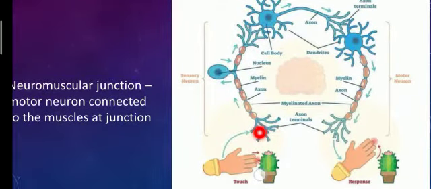So the message which is sent from the receptor to the brain or spinal cord, that neuron is named as sensory neuron, because you are sensing the thing and then you are sending it to the spinal cord or brain. So this is one type of neuron, that is sensory neuron.